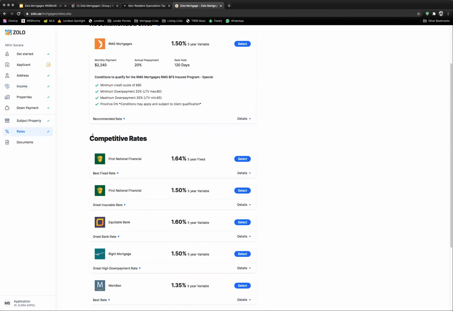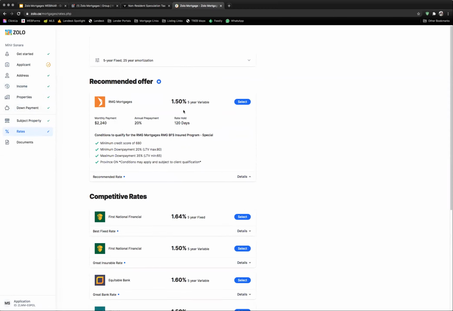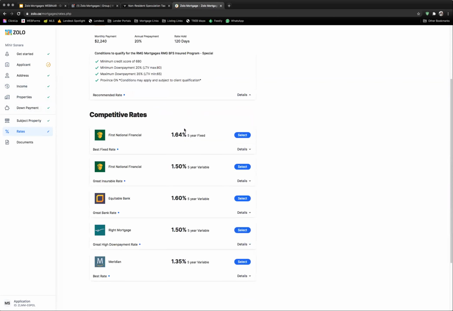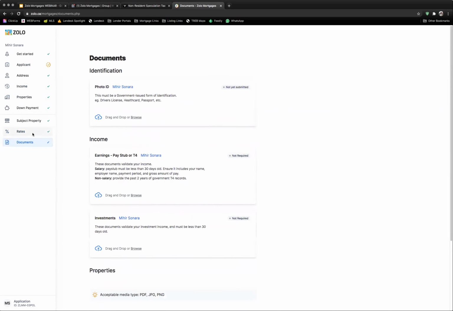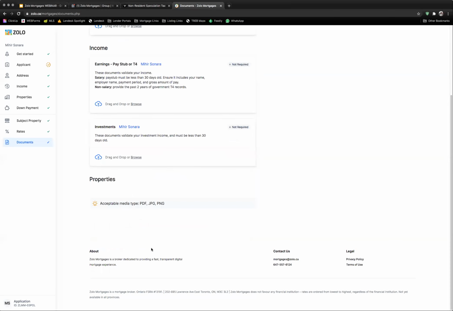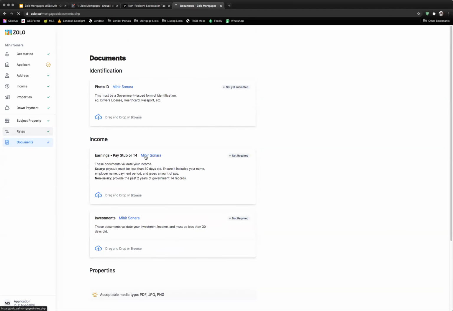Based on what income and down payment they provide, the system can filter through and offer the client a rate. That's how advanced our front end for the mortgage application side is. We can even get to the point where the clients can submit documents if they're willing to proceed with an application based on the rate that's shown here.